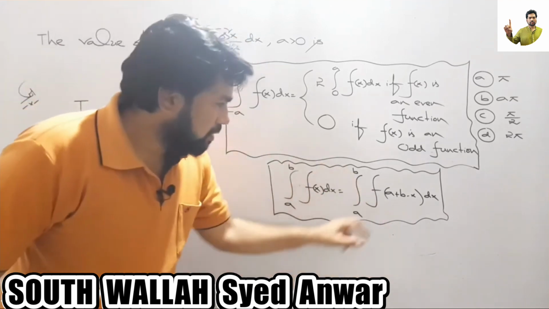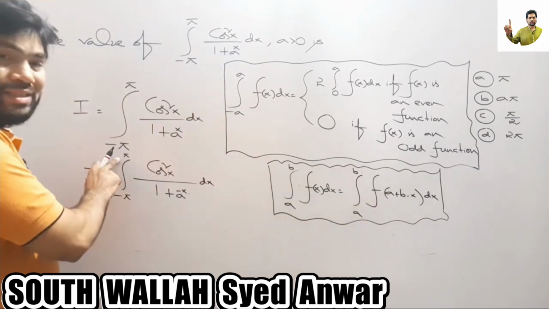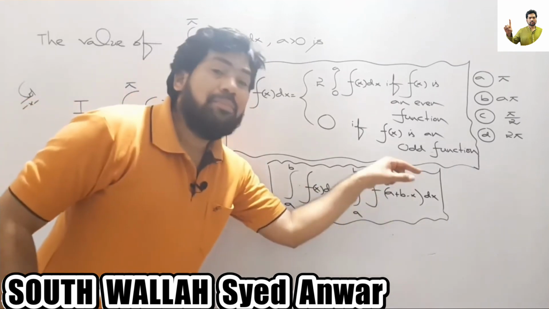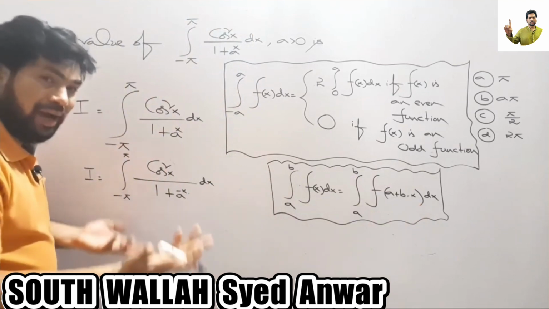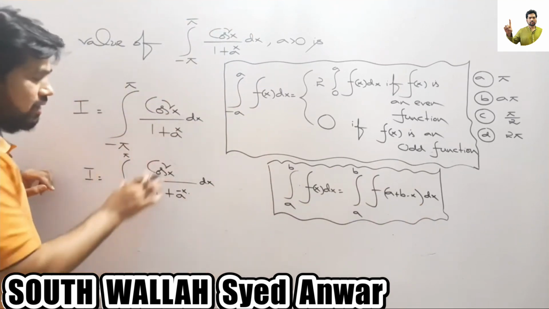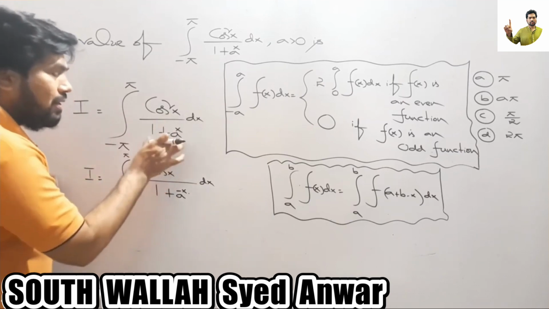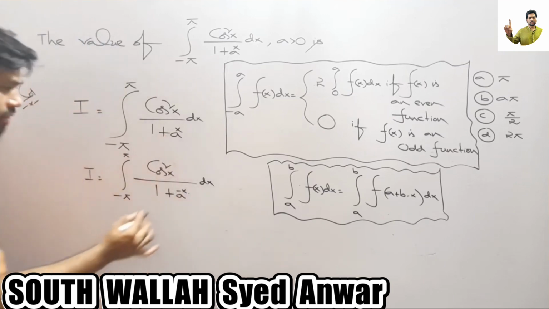So simple here. What is the a value? Minus pi. What is the b value? Plus pi. So a plus b minus x should be written, which is minus x. Wherever x is there, we write minus x. There is no change in the numerator, only the denominator changes.